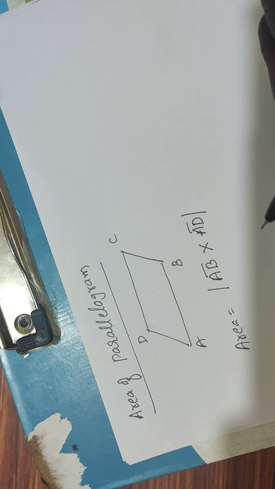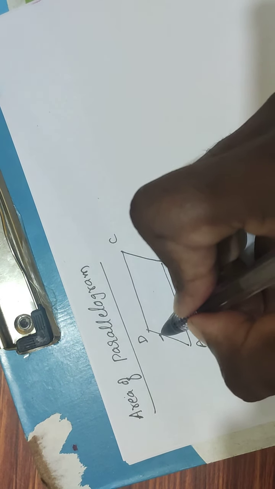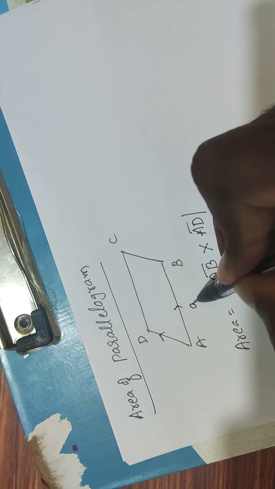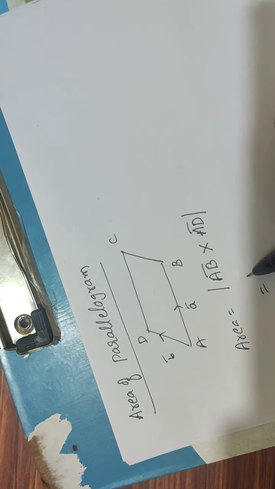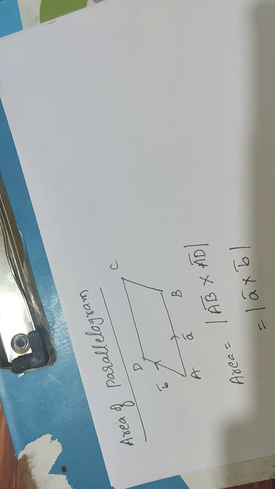This is one formula. If you know the adjacent sides, for example if this is a bar and this is b bar, then the area can be written as the magnitude of a bar cross b bar.